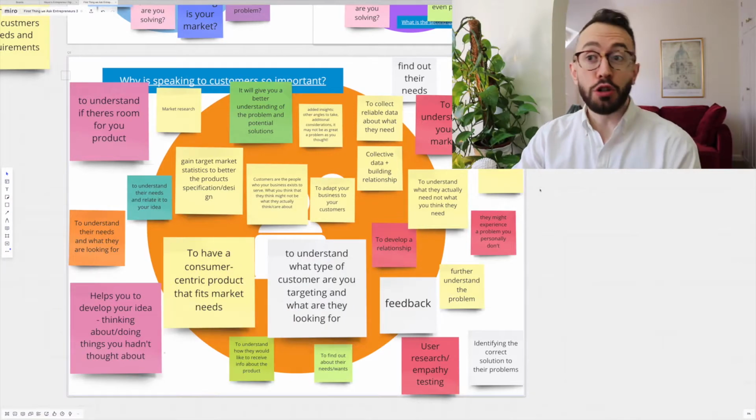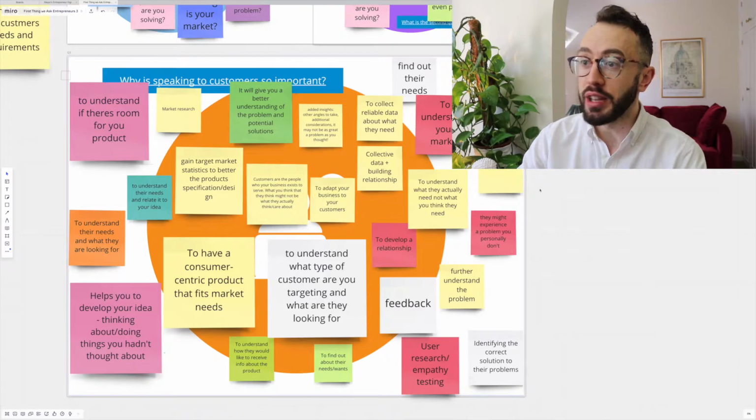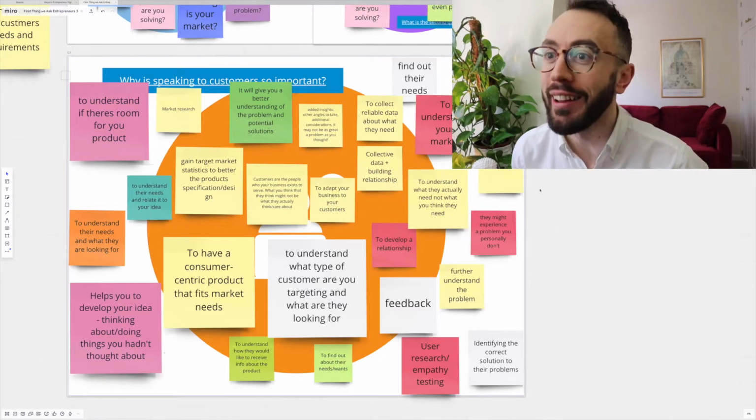So then we asked you all as a group, why is speaking to your customer so important? And this is some of the amazing stuff that we said, and this Miro board is from session 3, I think.